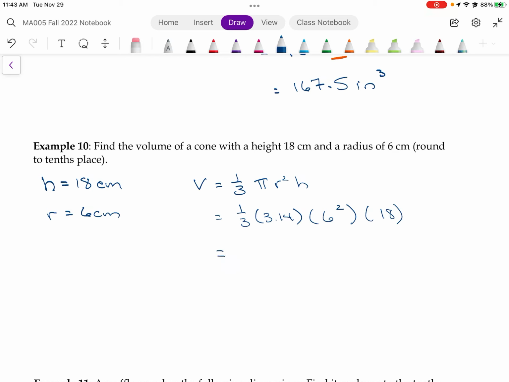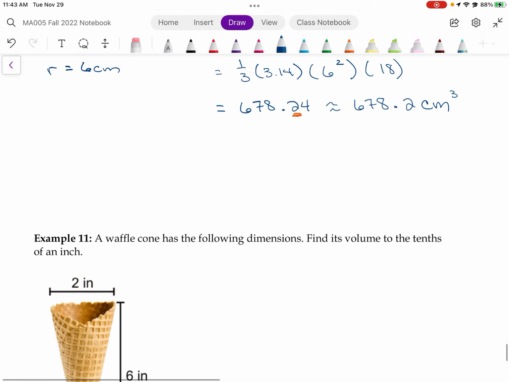Put that in your calculator, and you should get 678.24. To the 10th place, that is going to go to 678 point. The 4 does not round it up, so it stays at 2. And it's measured in centimeters, and since it's volume, it is cubed.